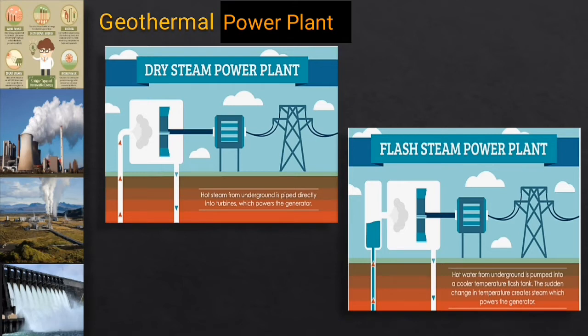After powering the turbines, the steam condenses into water and is piped back into the earth via the injection well. Flash steam power plants differ from dry steam because they pump hot water rather than steam directly to the surface.